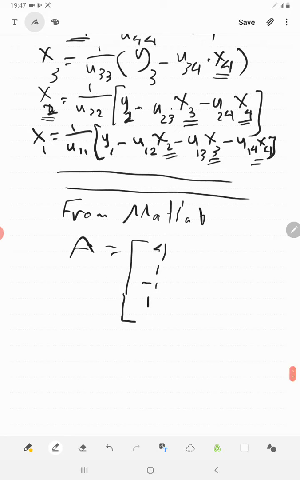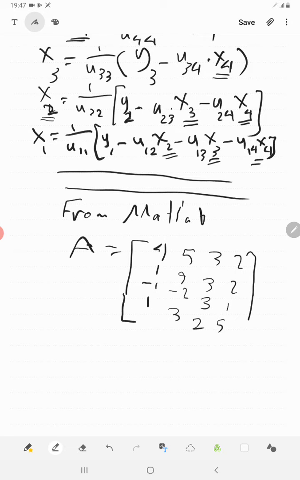Okay, that's A, and then 5, 9, minus 2 under 3, 3, 3 under 3, and 2, and then 2, 2, 1, and 5.